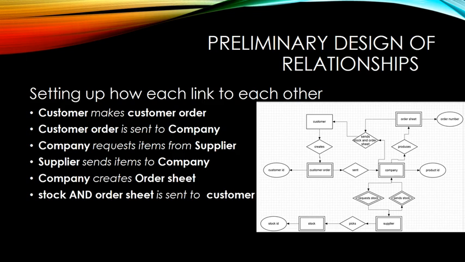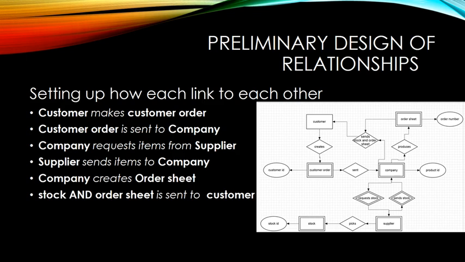Moving on, we then decided how each of these entities are linked, which is basically the preliminary design of the relationships. For all of this to work, the customer has to make a customer order, and that order is then sent to the company. When the company gets the order, if they haven't got the stock, they need to request it from the supplier.